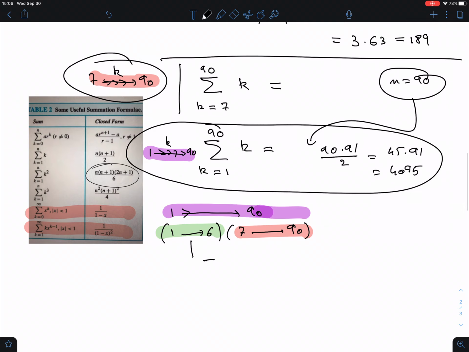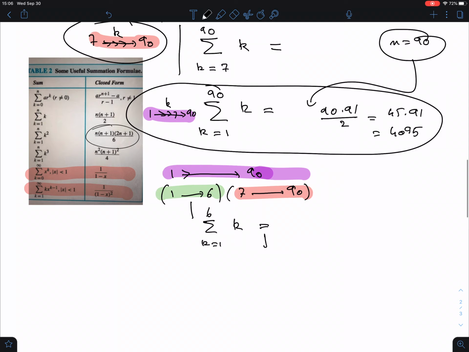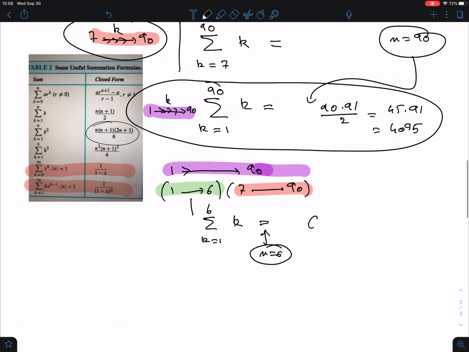This is the sum going from 1 to 6, the first 6 numbers, and now we see that we have the formula where n is 6. So I plug this in, I get 6 times 7 divided by 2, that is 42 divided by 2, that's 21.